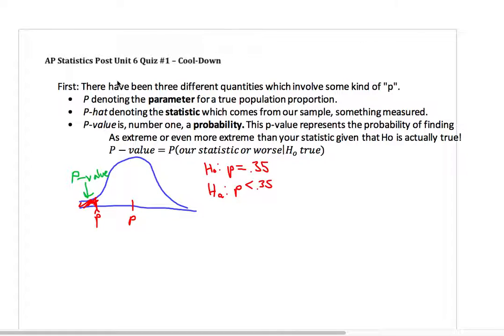It describes how rare it was to see this p-hat if indeed this p is the middle of your z-curve distribution. So if that's really a small number, then it's pretty unlikely that this p is actually the middle of your distribution. It's pretty unlikely, in other words, that this p is actually true if this p-value probability is small.